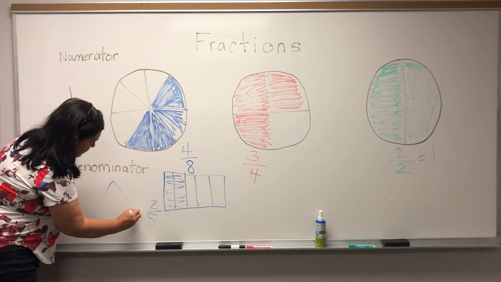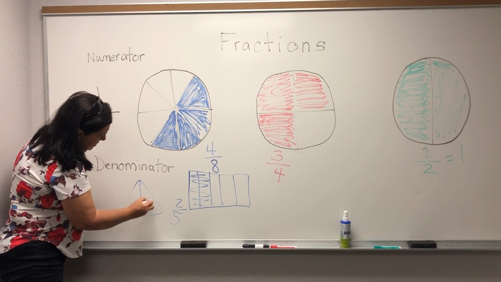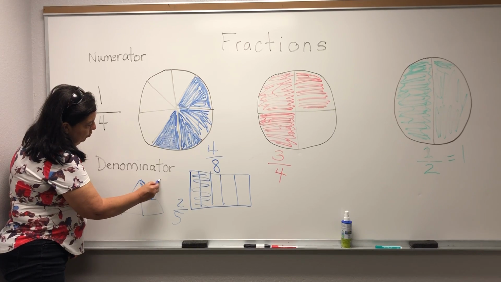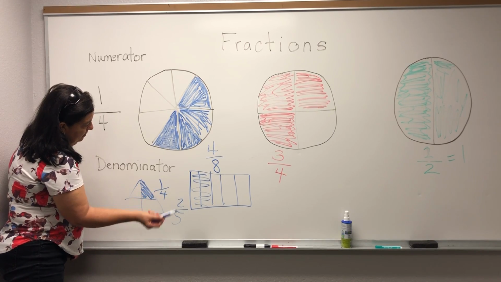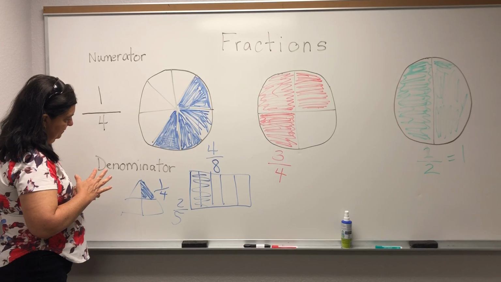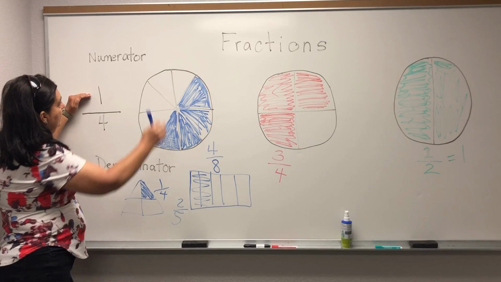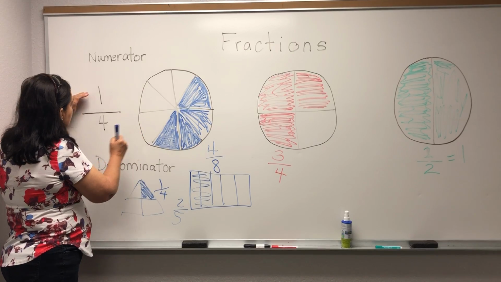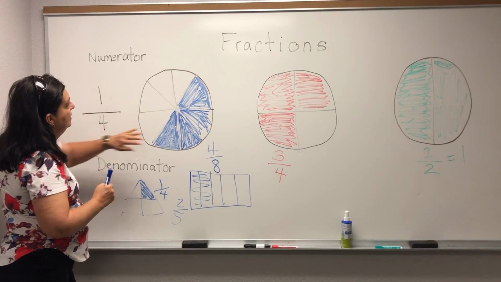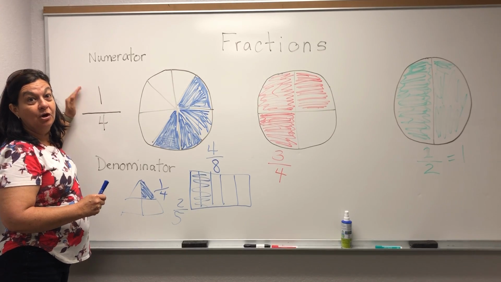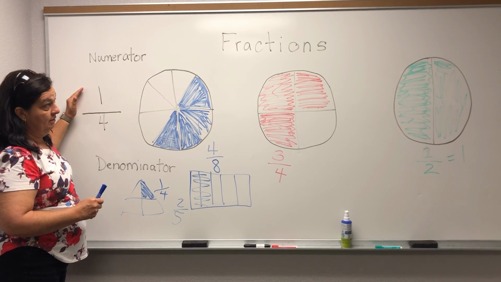Or if you do a triangle, depending how you do it, it's the same concept. 1/4 of the triangle is what we colored in. So remember, numerator is what we shaded in. The denominator is how much we divided our whole up into. And that is what we call a fraction, okay?